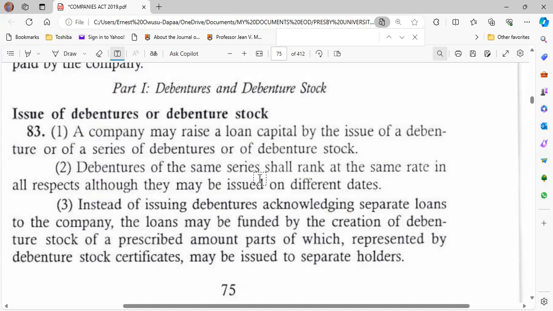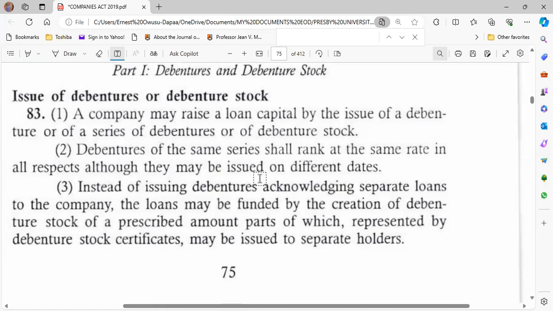That is why 83.2 is saying that so long as they are of the same series, in this case, 10,000 Ghana cedis debt at the interest rate of 20% per annum, that is a series. And even if they are taken at different times, it will not affect the interest rate which is supposed to be paid for each of them.